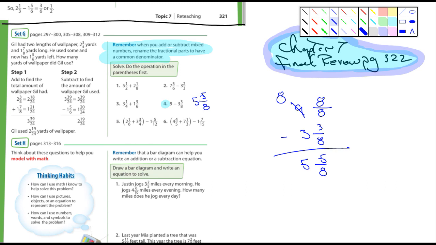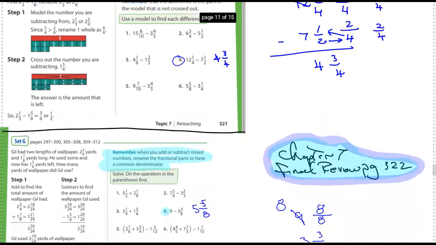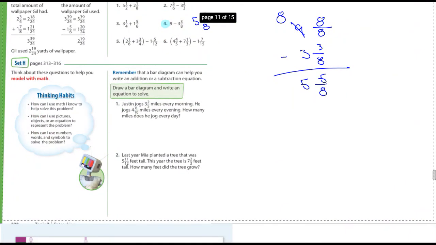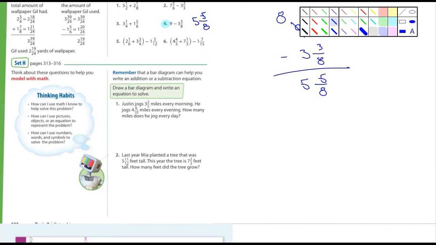So let's just drop down to the bottom here, and there's 2 word problems. It says draw a bar diagram, write an equation to solve the problem. So I'll do number 1. Let me draw a bar diagram here. And it says Justin jogs 3 2/5 in the morning and 4 6/10 in the evening.